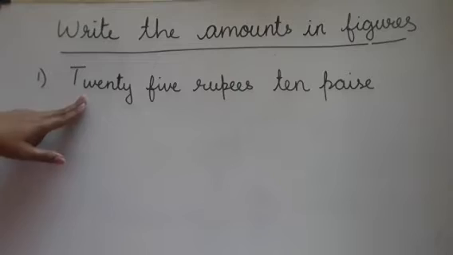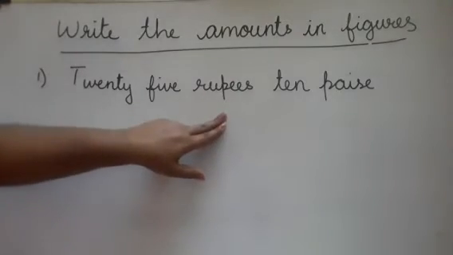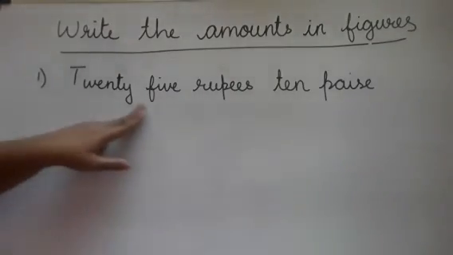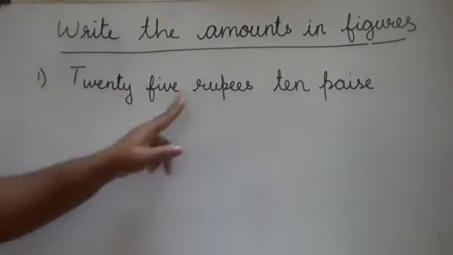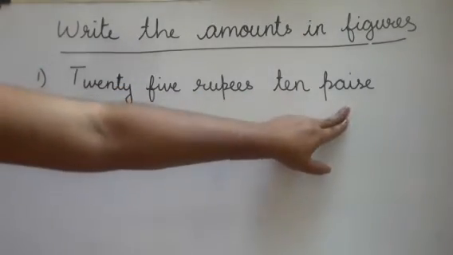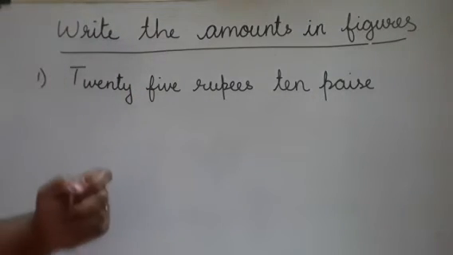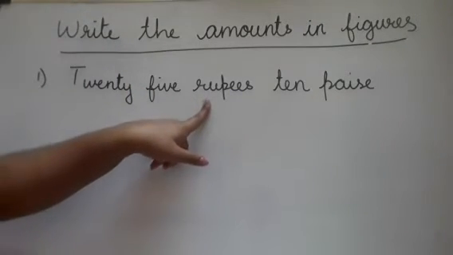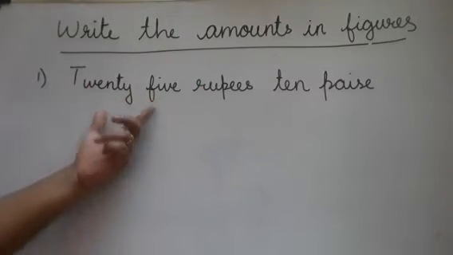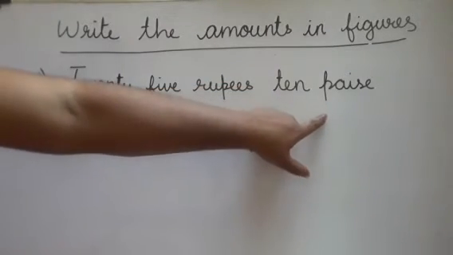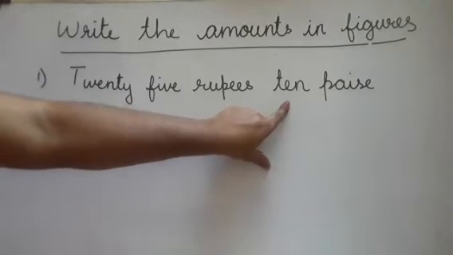The first question is 25 rupees and 10 paise. By reading this question, we can say that in the place of rupees, you want to write 25, and in the place of paise, you want to write 10.